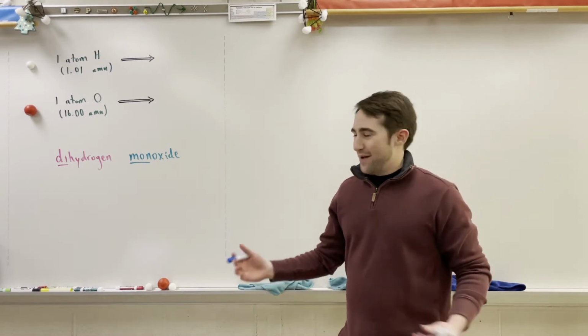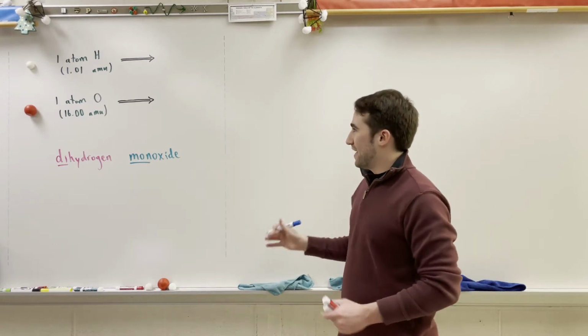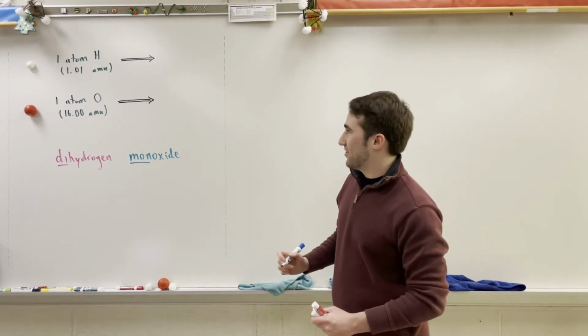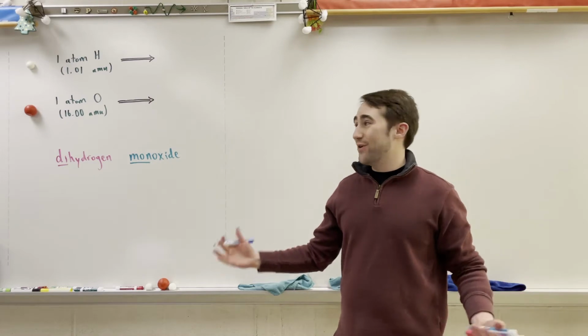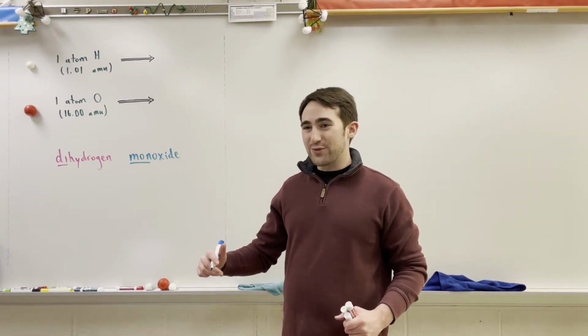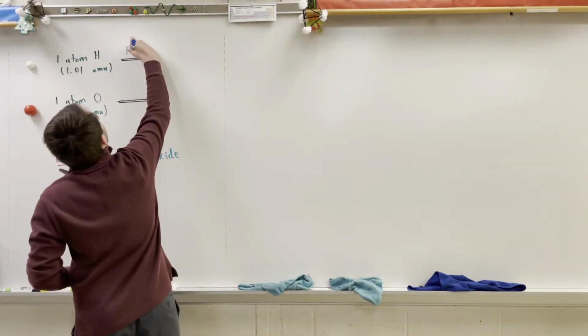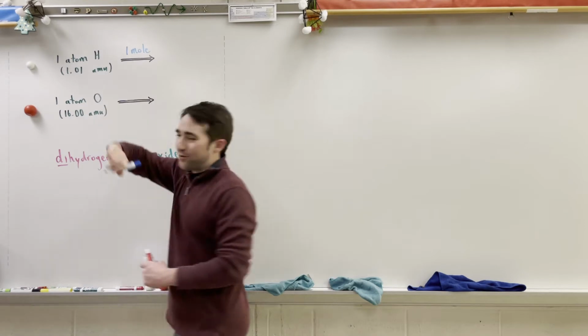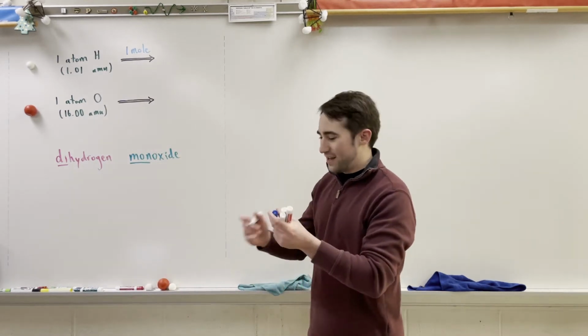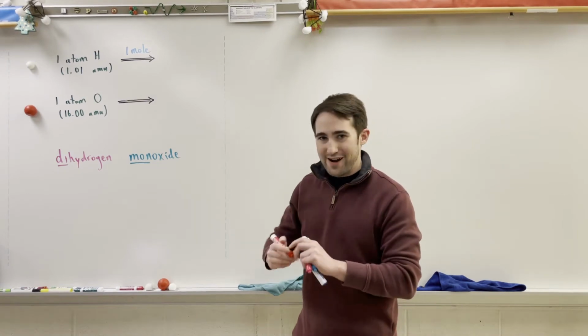Just to recap, if I had the element hydrogen, and I had just 1 atom of that element, it would have a mass of 1.01 AMU. If I scale that up to 6.02 times 10 to the 23rd particles, in other words, 1 mole of it, I would get the same mass, but instead of it being in AMU, it would be in grams.